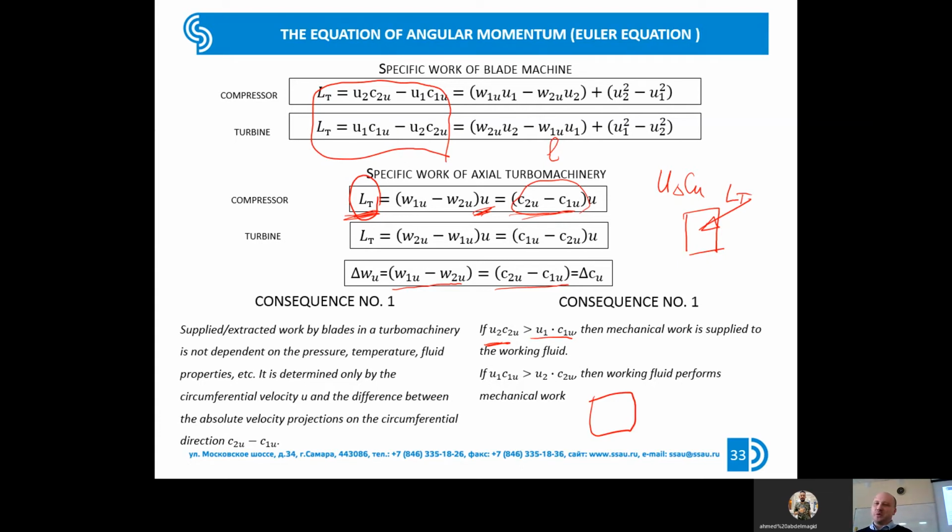If you know the relationship between these two terms, you could say what is inside. If this value is more than this value, it means you are supplying mechanical work to this device, and it means it's a compressor. If you have the opposite picture, where U1 multiplied by C1U is more, you receive a turbine.